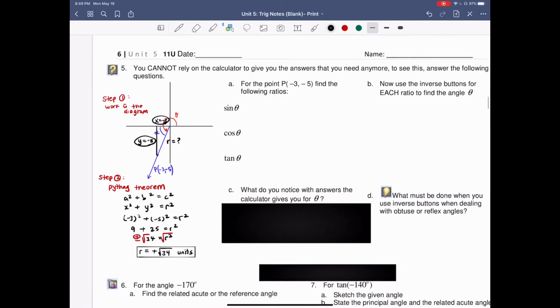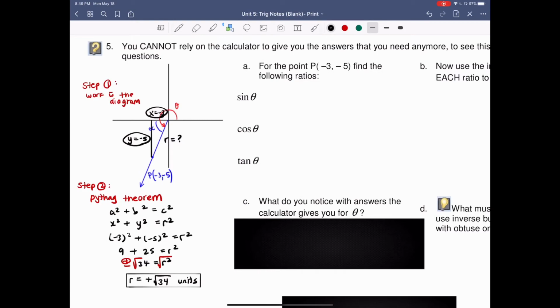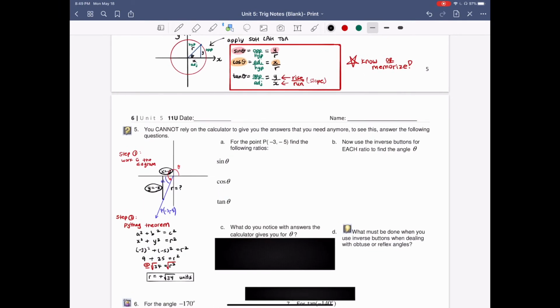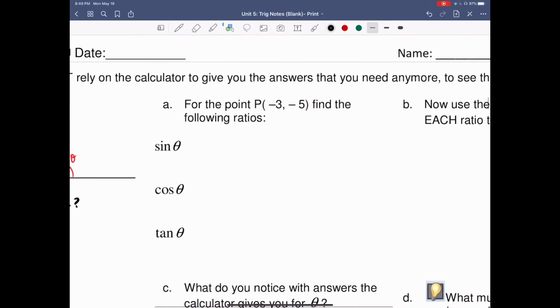All right, now that I have my rough work planned out, I can start writing down my sine theta. Remember from my box from before, sine theta is equal to y over r, cos theta is equal to x over r, and tan theta is equal to y over x.